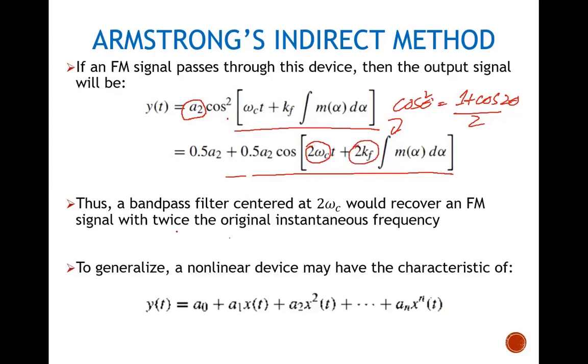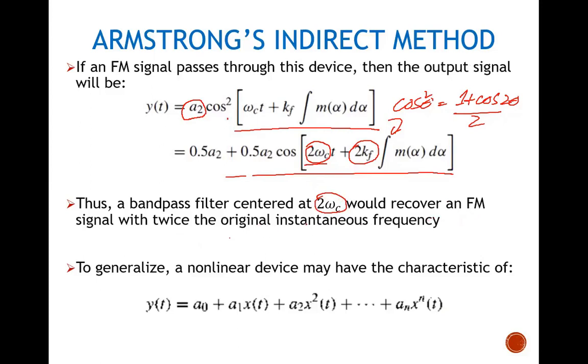So that means after passing a narrowband FM signal through a nonlinear device, we can increase the frequency and the deviation of that FM signal. If we use a band pass filter centered at 2 omega_c, we can recover our FM signal from this.